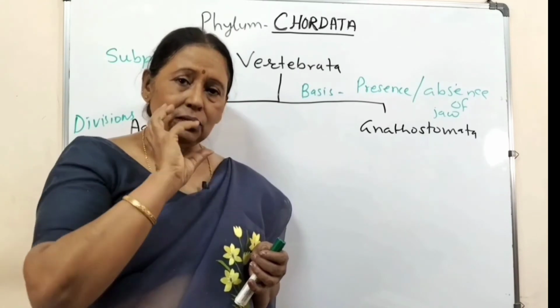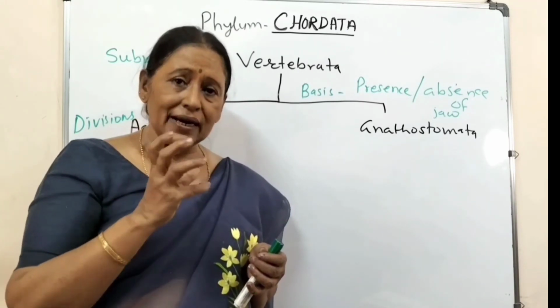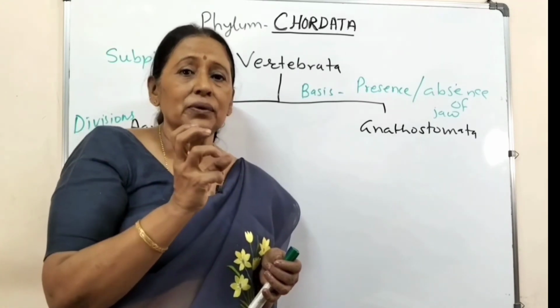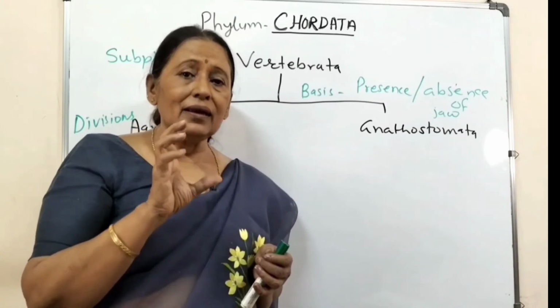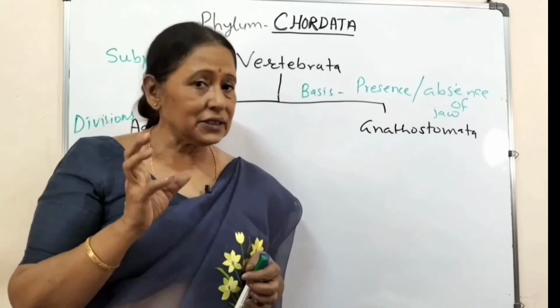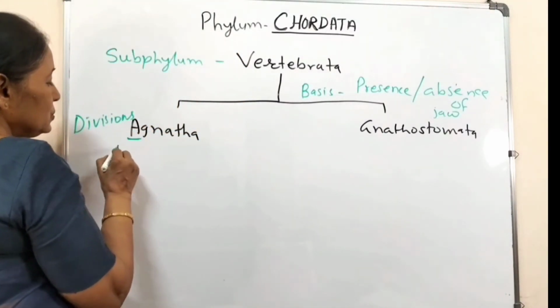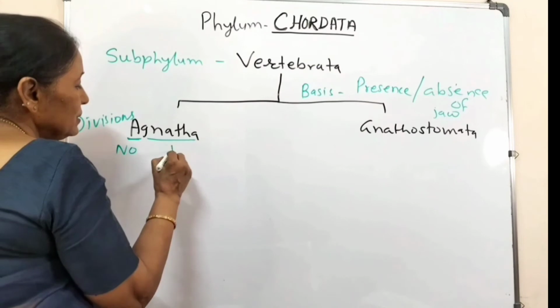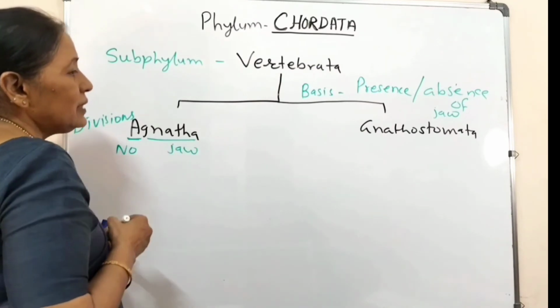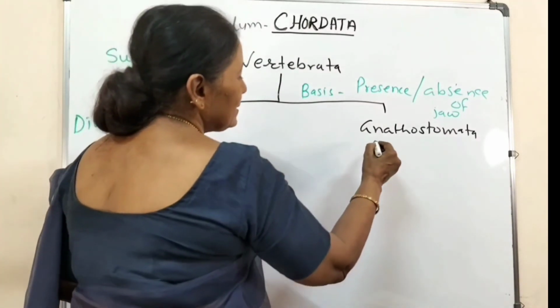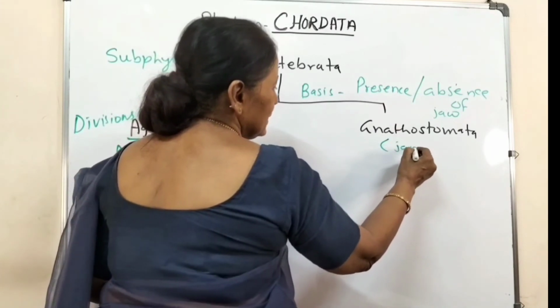That means their mouth or head, whatever you say, will become circular. It is not having any jaw to give any shape. So these are the Agnatha. A means no and gnatha means jaw. So these are the 2 groups. And in Gnathostomata, the jaw is present.